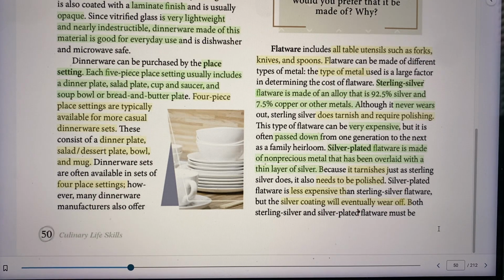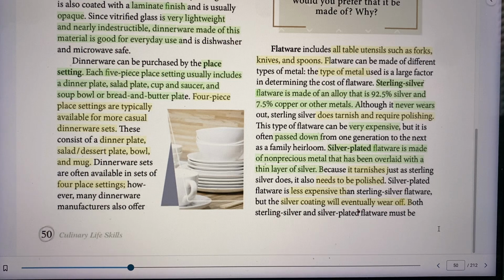Each 5-piece setting includes a dinner plate, a salad plate, a cup and saucer together, a soup bowl, and an appetizer or bread and butter plate. Here are some pictures.